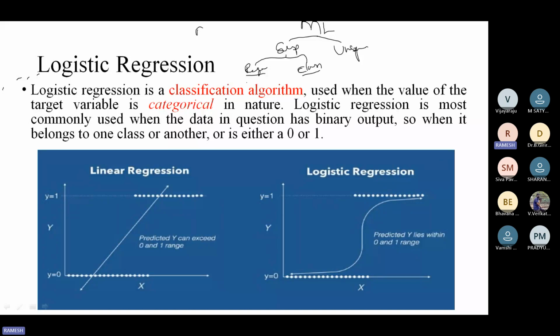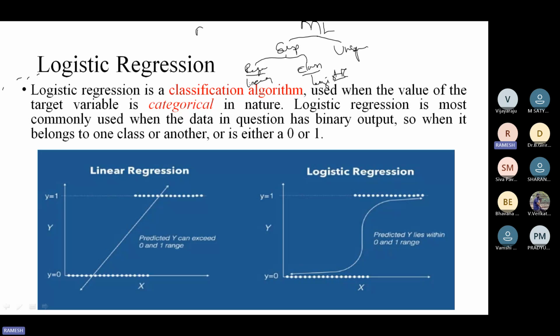Linear regression is purely a regression model, and logistic regression is purely a classification model.